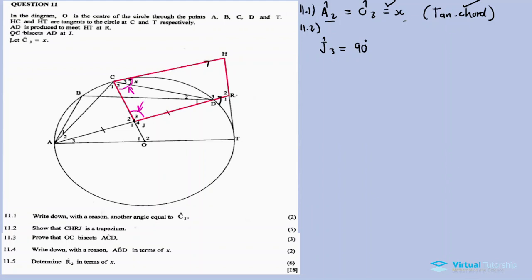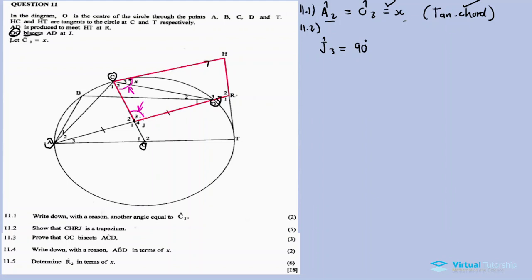Njengoba basitshelile, OC bisects. The word bisect simply means I'm cutting something into two equal parts. So OC, ukata this line or chord AD into two equal lengths. So that means, according to theorem 1, bisector something, think in terms of theorem 1.